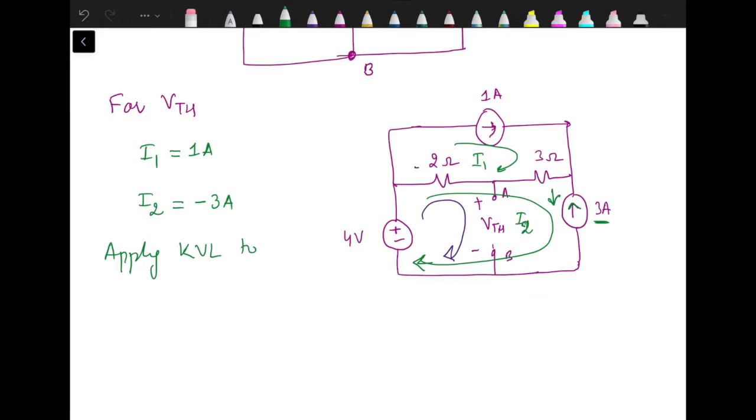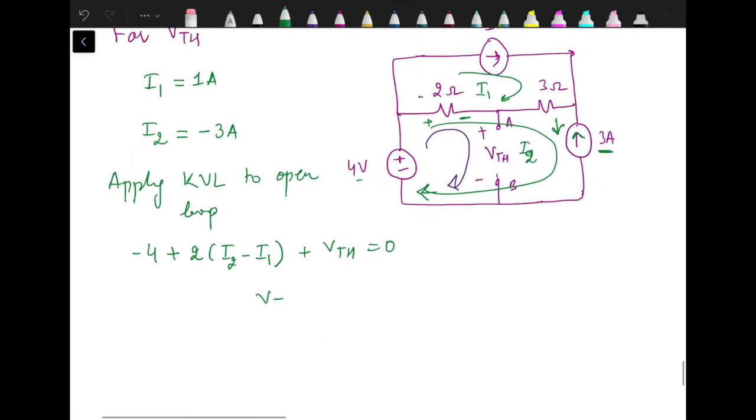Starting from 4 volt source, minus 4, then drop across this 2 ohm resistance as per I2 minus I1, plus VTH equal to 0.